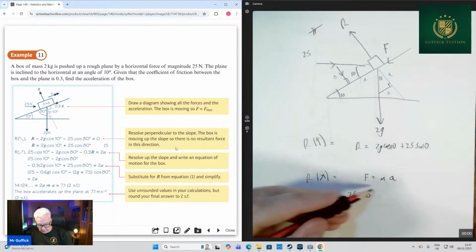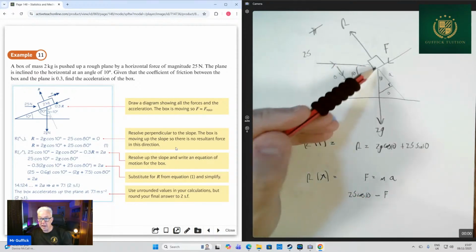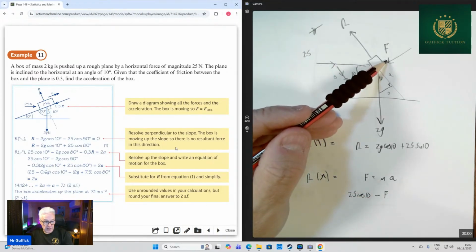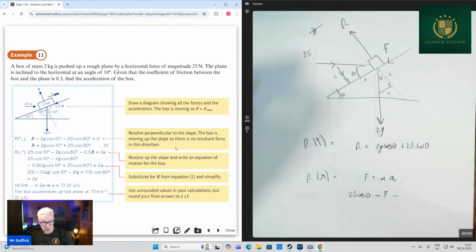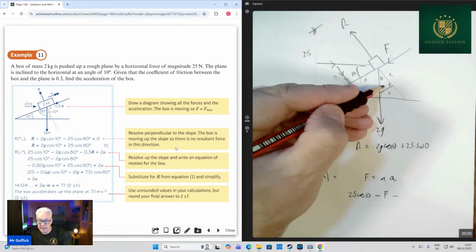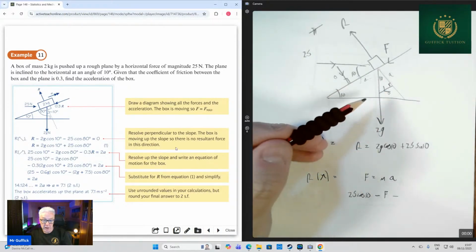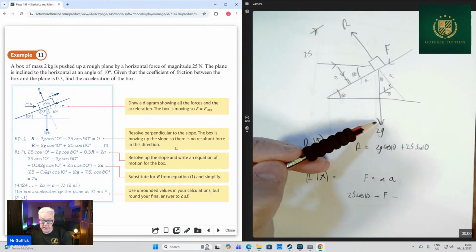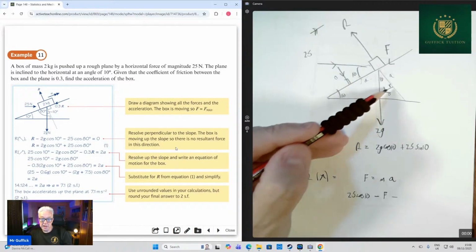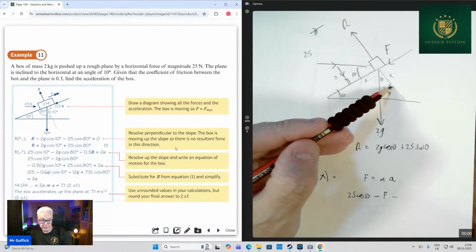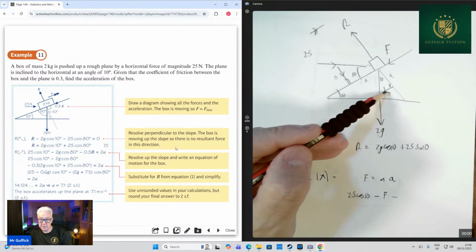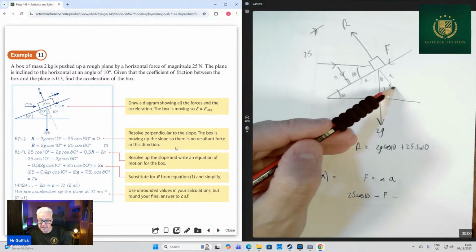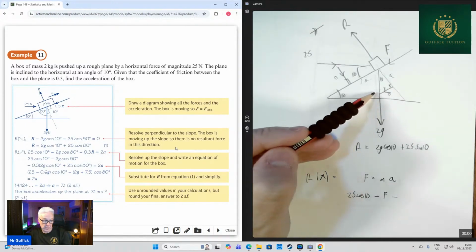We've got the friction going down the plane, so minus F, okay? And we've also got the component of the weight that's acting down the plane. And the component of the weight that's acting down the plane is 2g times sine of 10. So 2g times sine of 10, this is the component here acting down the plane.